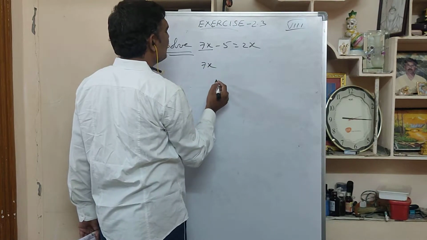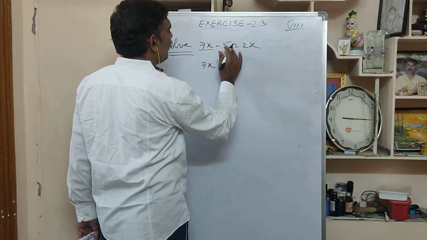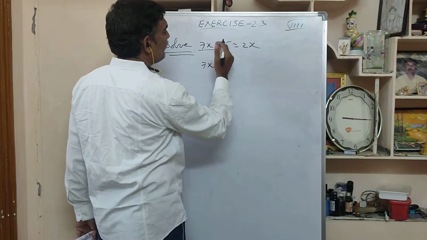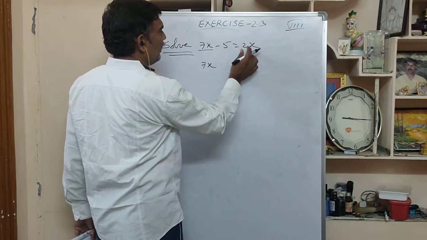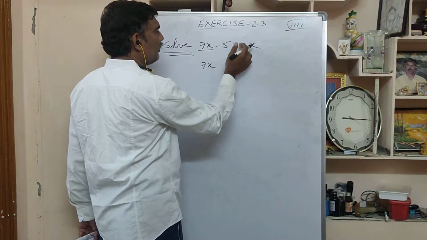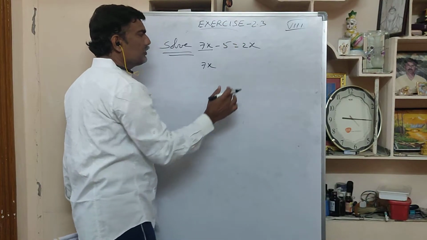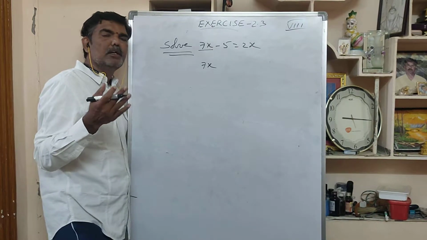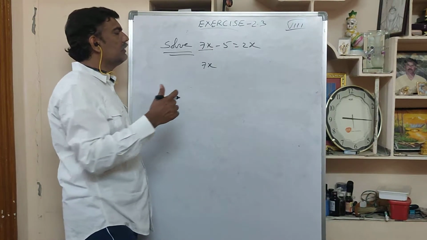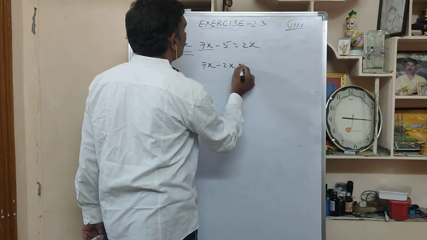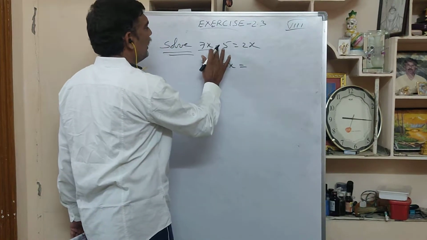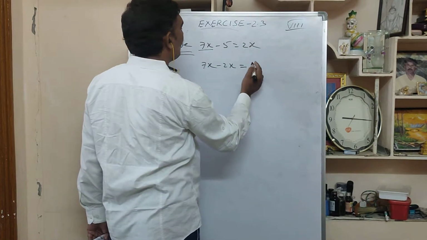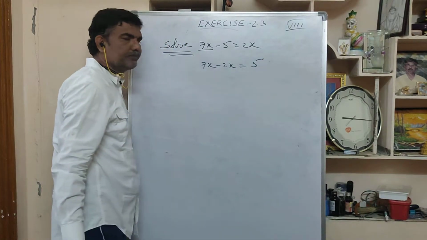I am writing this 7x as it is, and is equal to, on the right hand side, plus 2x. Before 2x there is no symbol, which means it is plus 2x. Plus 2x you are taking to the left side, it becomes minus 2x. Keep the equal to sign. Minus 5 you are transposing to the right side, it becomes plus 5.